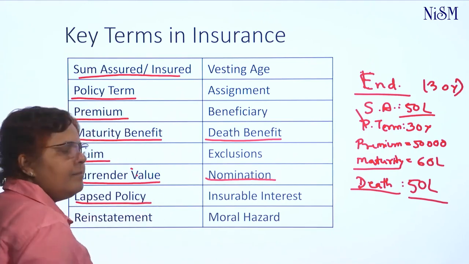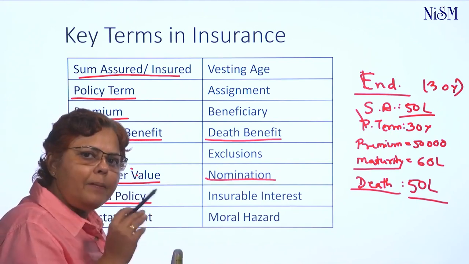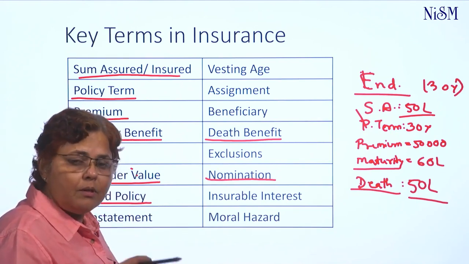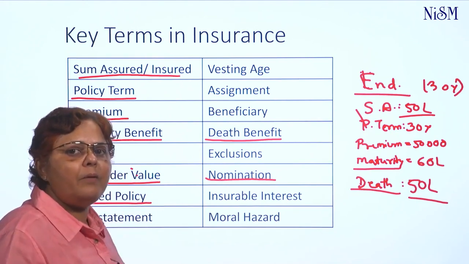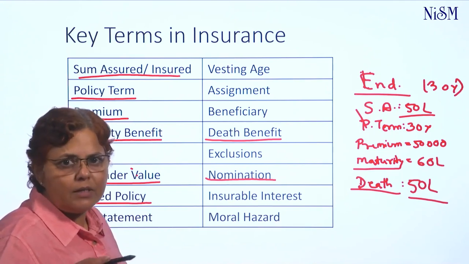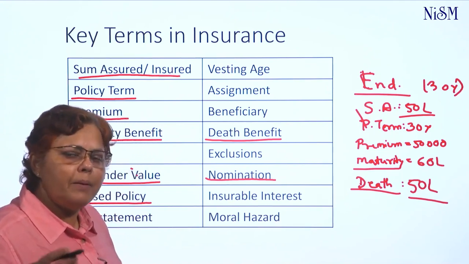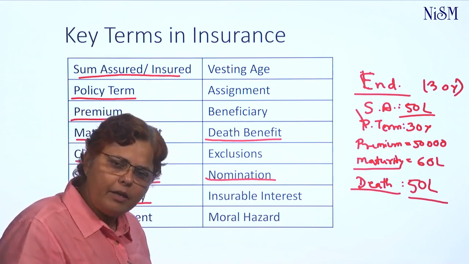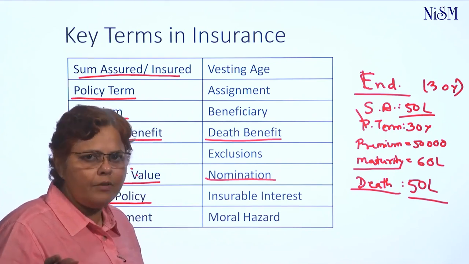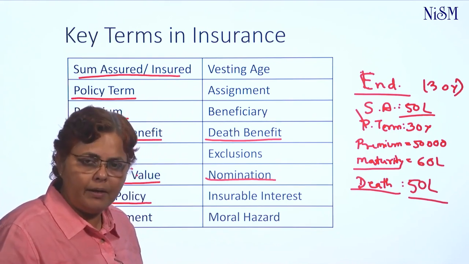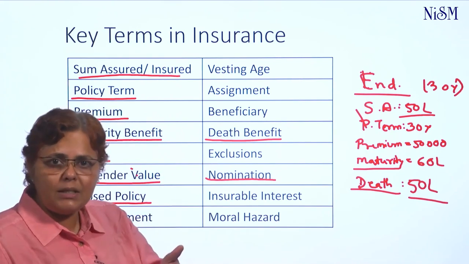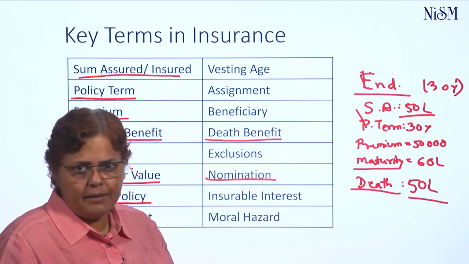Lapsed policy. To keep the policy in force, the person has to keep paying the premium every year, or whatever is the frequency. Premiums can be paid every year, every month, quarterly, half yearly. One can choose and one can pay. But whatever is the frequency, that person has to abide by it.